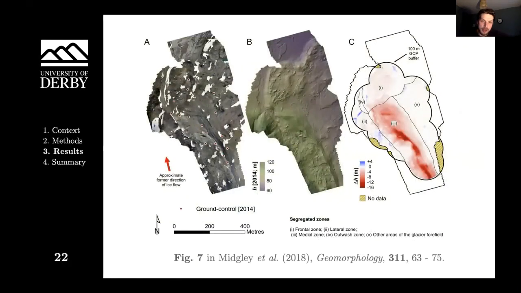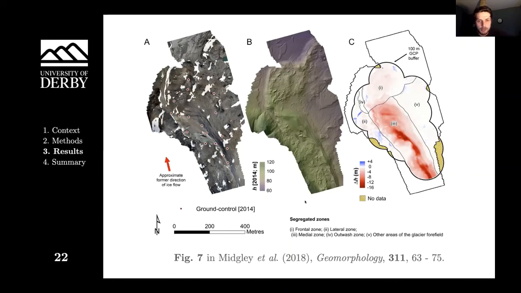This panel here, you can see a true color image, a composite image of the survey area that was obtained with the UAV. The red dots here are our ground control points to ensure the quality of that topographic data product. And on this panel here, you can start to see some of the elevation data that we derive from this approach.